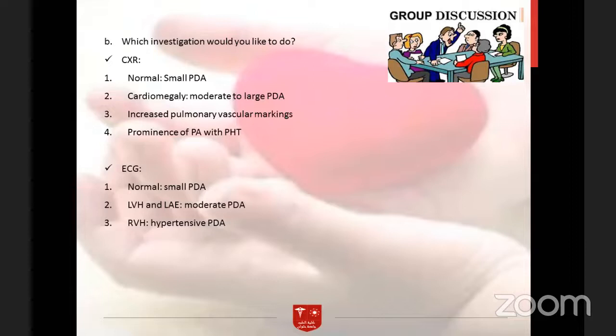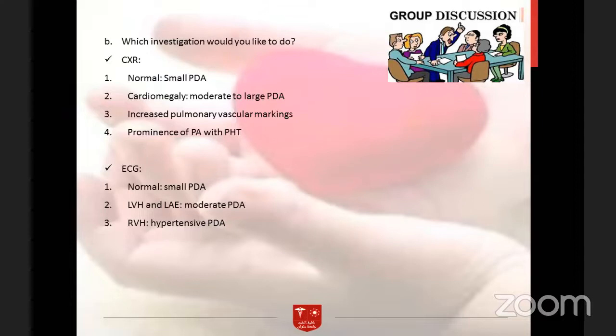As you just mentioned, the X-ray and ECG findings could also be variable as symptoms according to the size of the PDA, ranging from tiny PDAs to very large PDAs, with clues to every type of PDA according to the significance of shunting. So we should always keep doing X-ray and ECG for initial diagnosis.